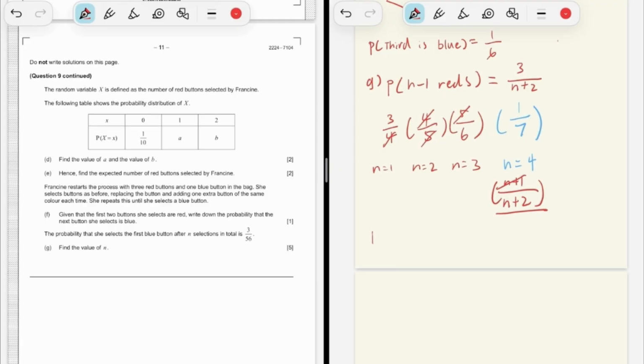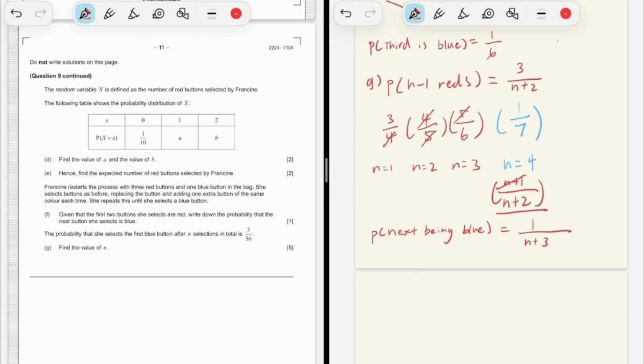And then the probability of the next one being blue is equal to 1 over n plus 3. And this could again be seen through this example where 7 equals 4 plus 3.